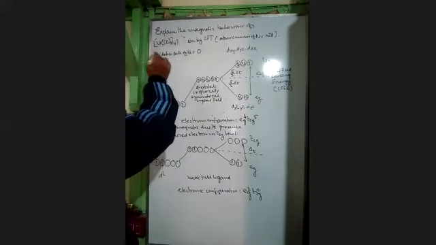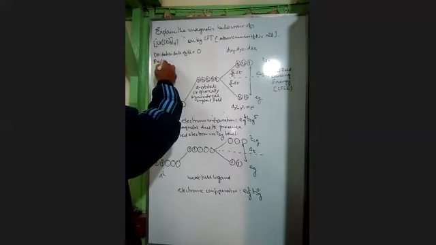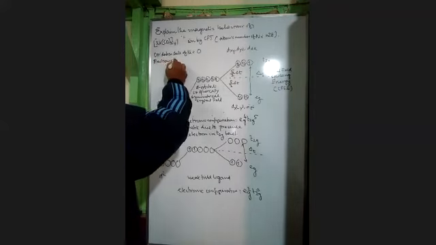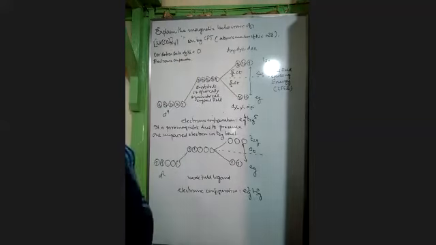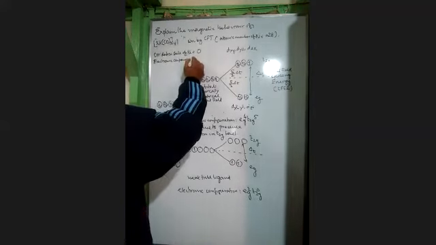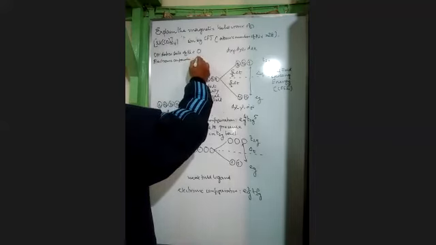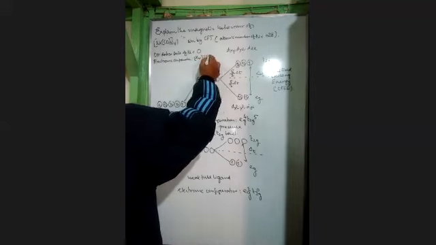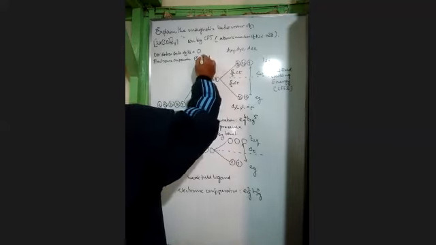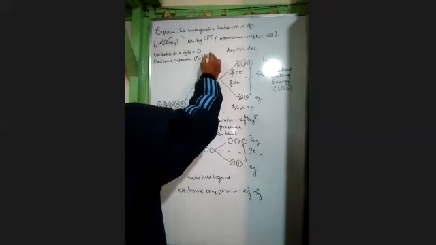So what is the electronic configuration? 4s2 3d8.